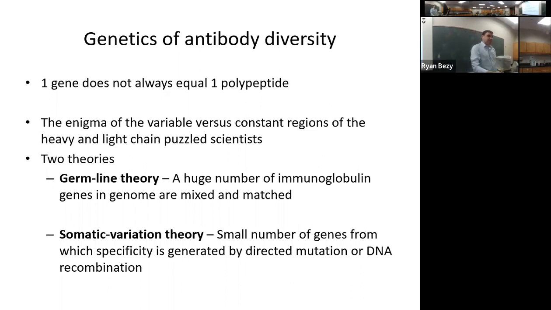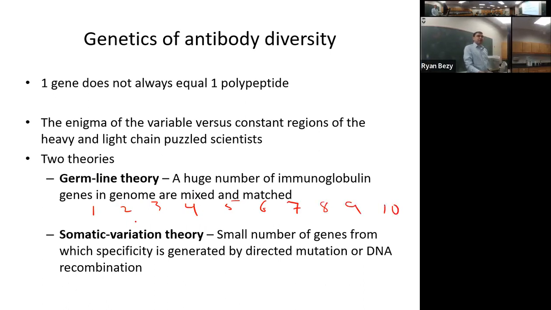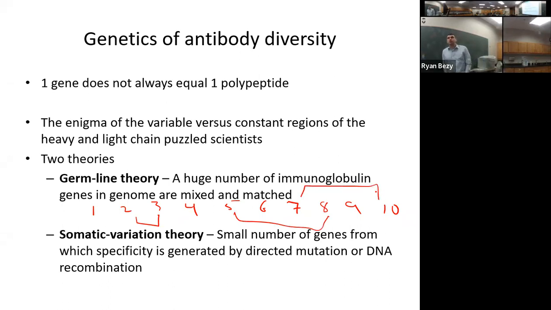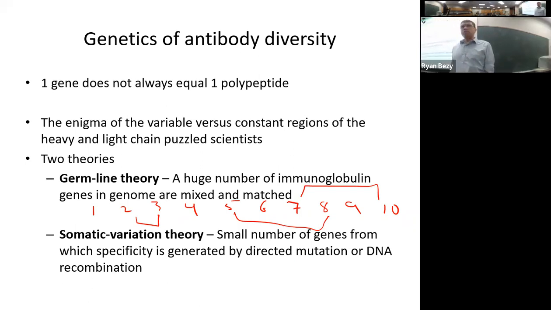So what I mean by that is you might have gene 1, 2, 3, 4, 5, 6, 7, 8, 9, 10. But then sometimes you use 2 and 3 to make a variable domain, variable portion of light chain. Maybe sometimes you use 5 and 8 or 7 and 10. You mix and match genes to make a variable domain, and that could get you increased variation. Does that kind of make sense? And we're going to go through this.